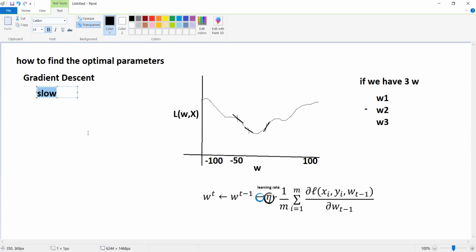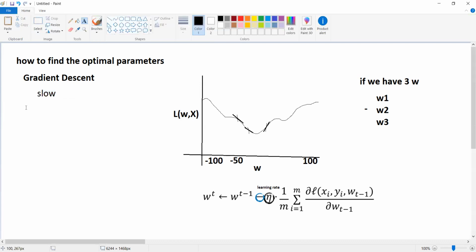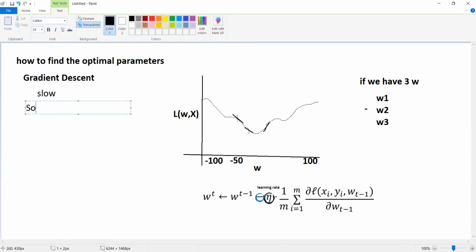But it's slow, right? So what people did is they decided to say, oh, we don't need gradient descent. We do stochastic gradient descent. What does that mean? It means every time we randomly pick a data point from the data, and then we update based on that one. Stochastic means random.